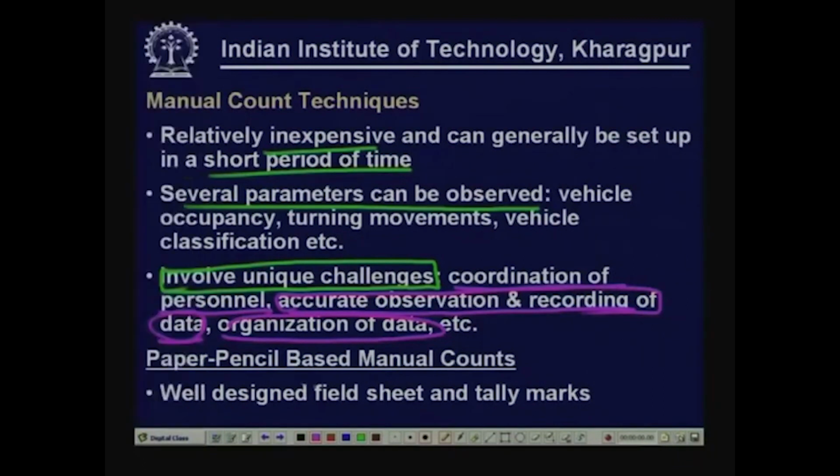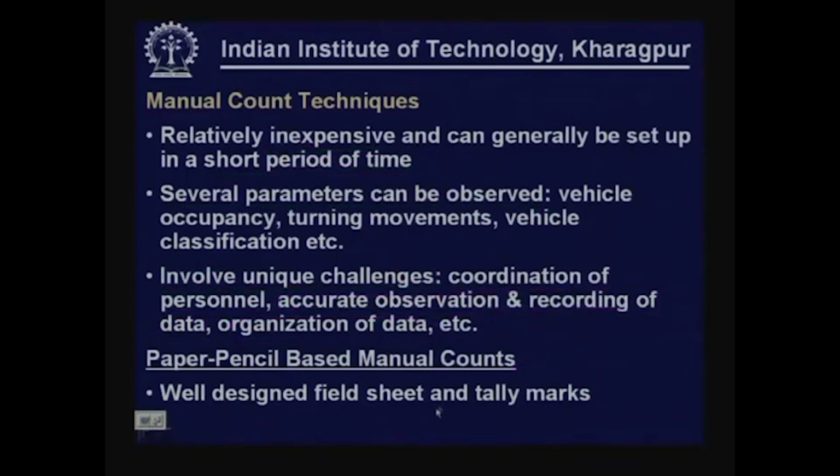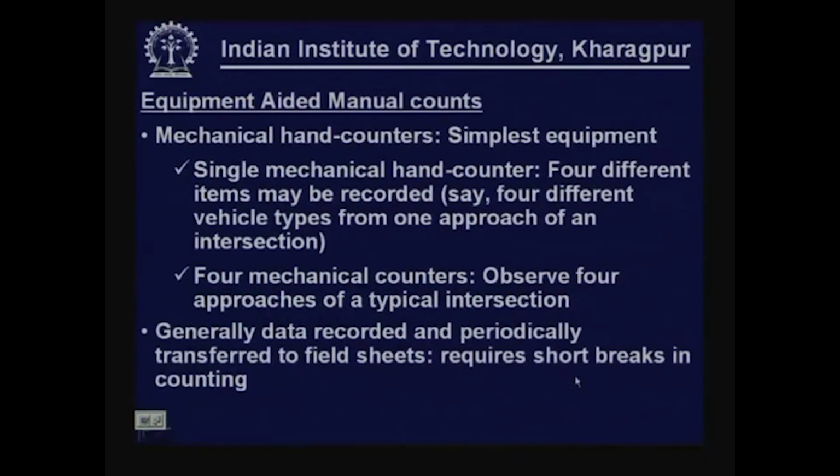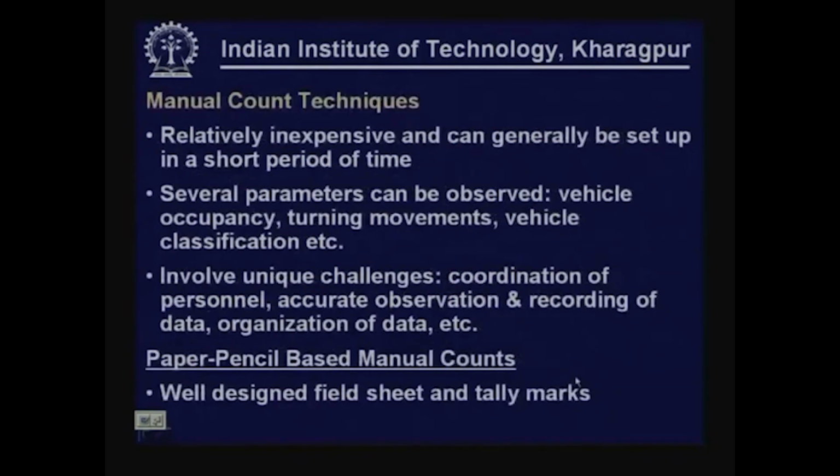We carry out paper and pencil based manual counts, where we use well designed field sheets and tally marks. There will be a fixed format where the required vehicle classification will be given, and the time period will be given. Enumerators, as we normally call those who collect data in the field, particularly for traffic volume studies, will use paper and pencil based noting down or recording of data.